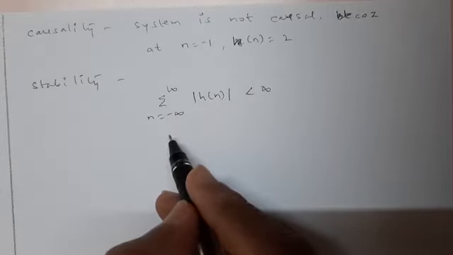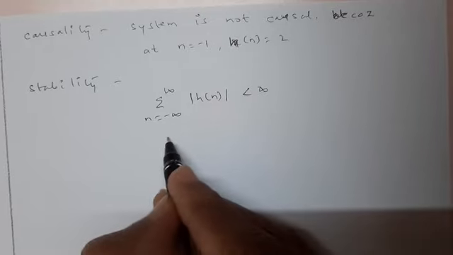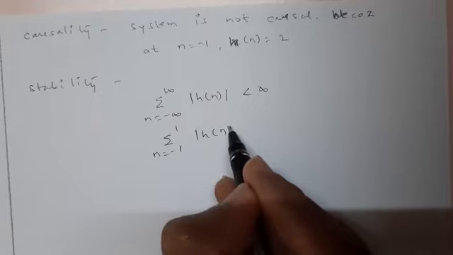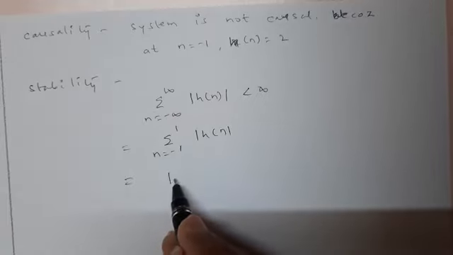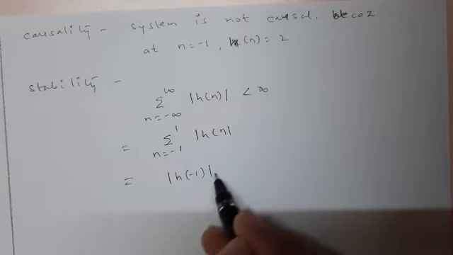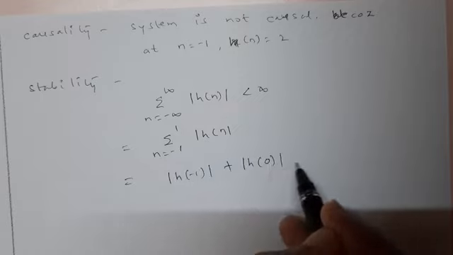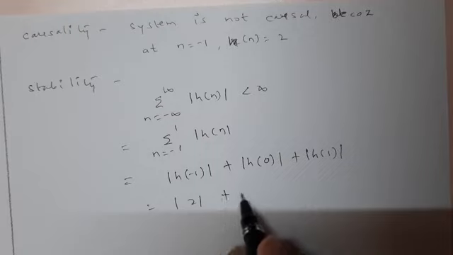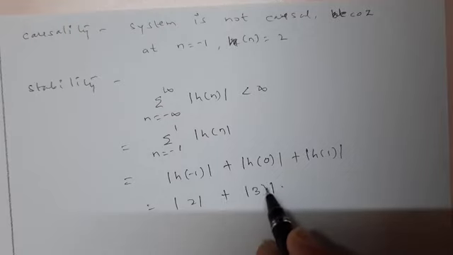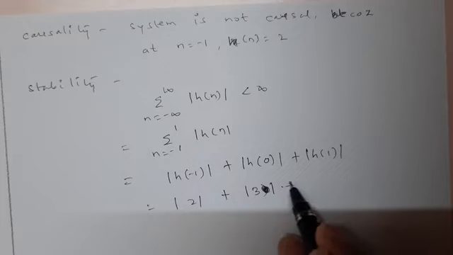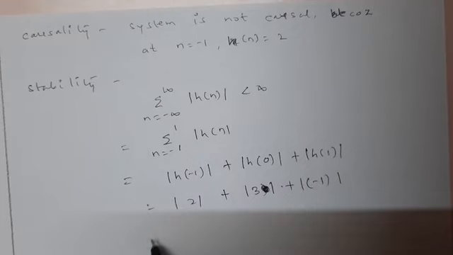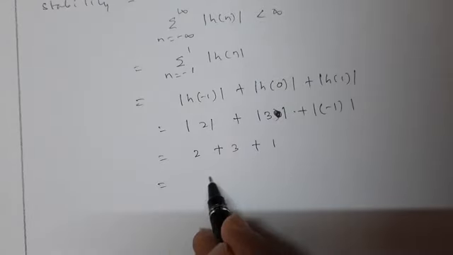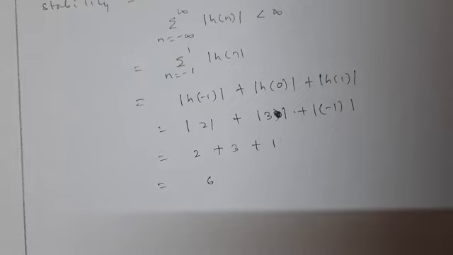So when you add the magnitudes of the samples 2, 3, minus 1, from n equal to minus 1 to plus 1: magnitude of h of minus 1 plus magnitude of h of 0 plus magnitude of h of plus 1, which is 2 plus 3 plus 1, equal to 6, and the system is stable.